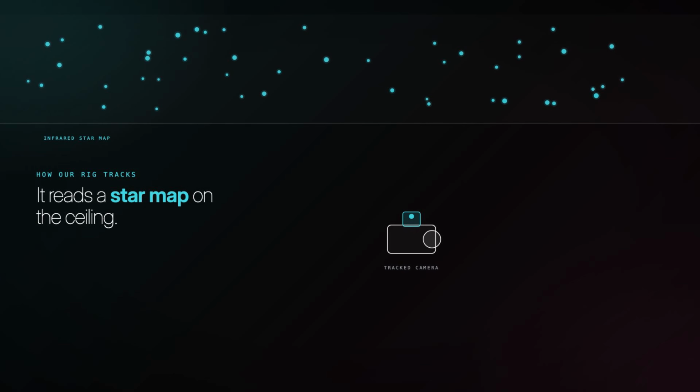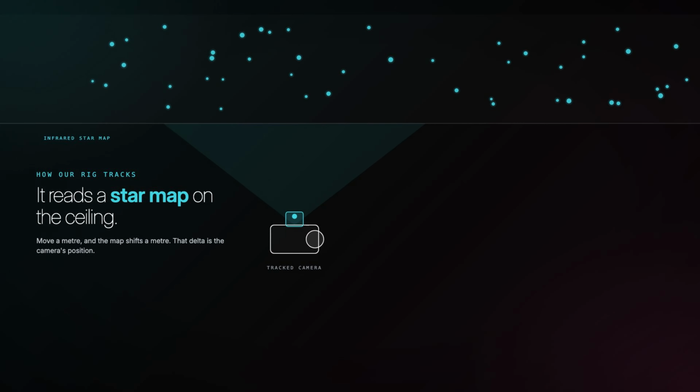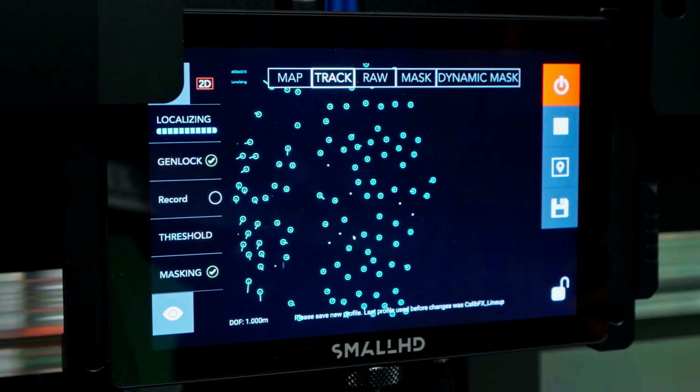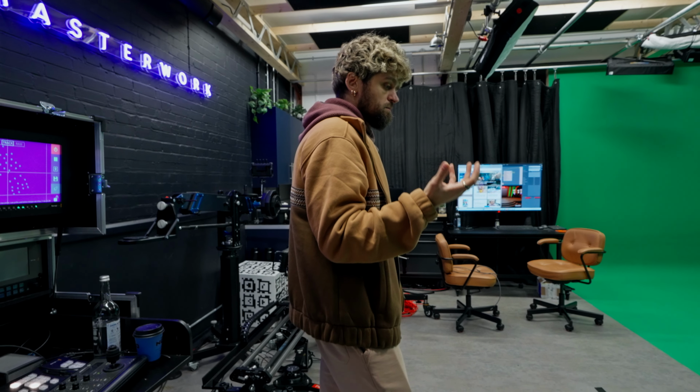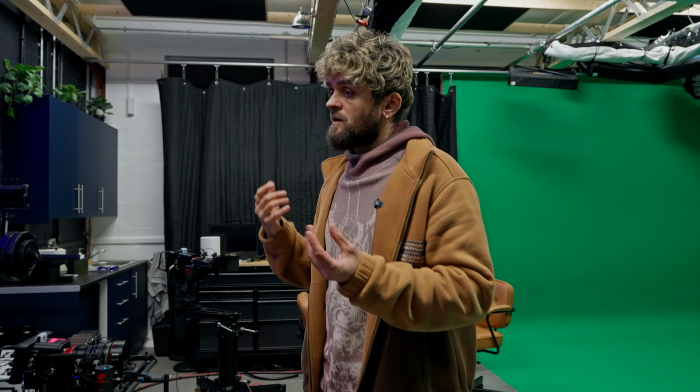And then what the camera does is, when I move a meter forward, I'm reading that star map, and that star map moved in relation to where I am, and it moved by this much based on my understanding of space. But that also means that your tracker needs to be calibrated to read the map, but also understand what is the distance to that map on the ceiling.